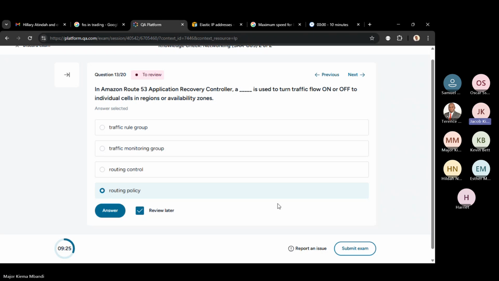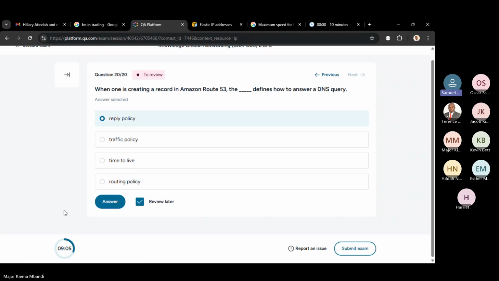Guys, if you have a differing answer from routing policy, no answer is wrong, so we can have that contention so that we can break even. Seems there is no contention, so we can move to the next question.